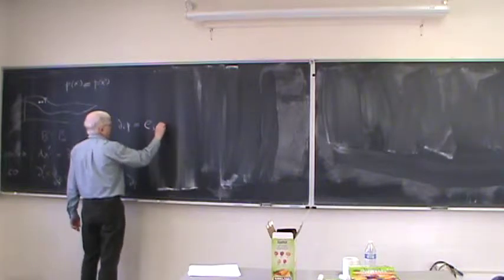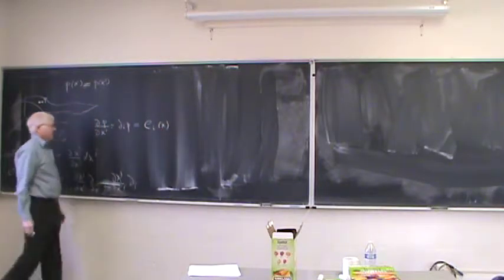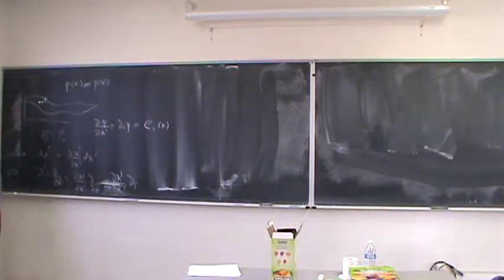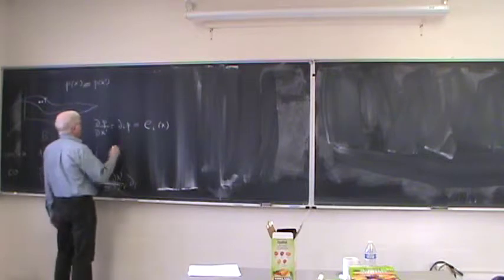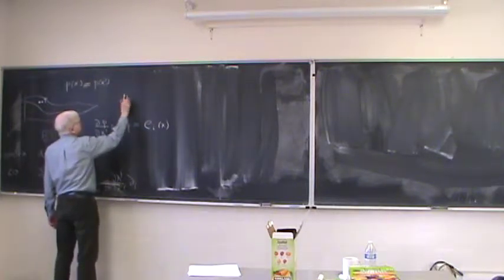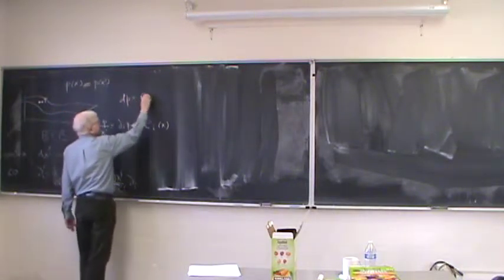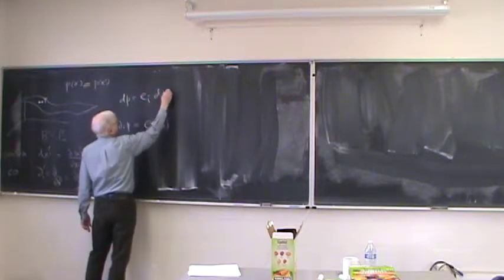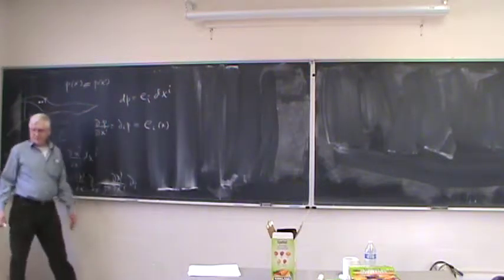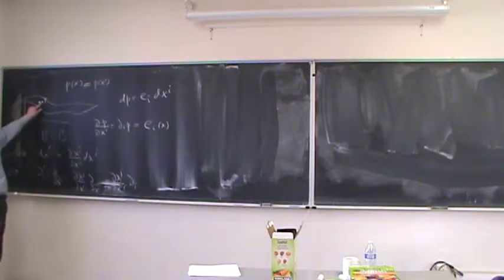In fact, we can call it EI of x if we're using the x coordinates. Now, what we want is we want to say, what is the change in P? Well, it's going to be EI dxi. So that's the change in P as you change your coordinates a little bit.